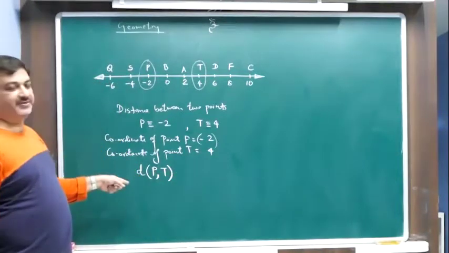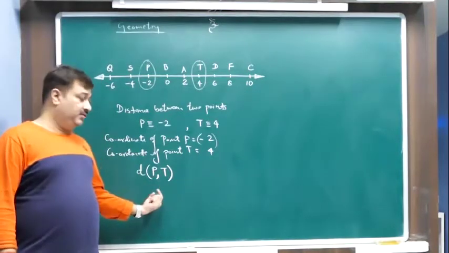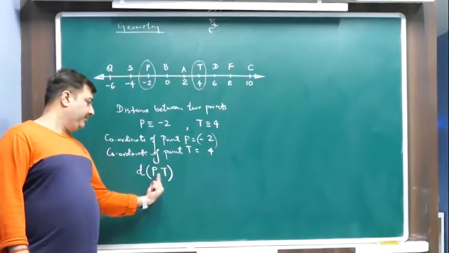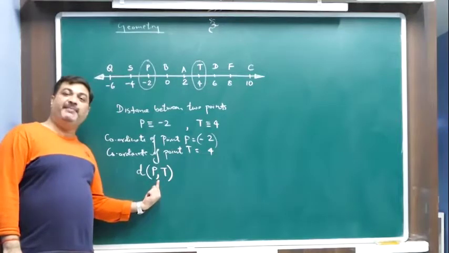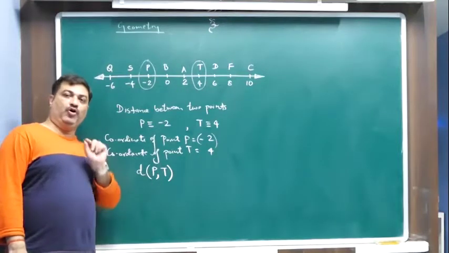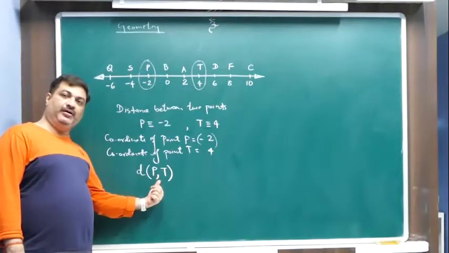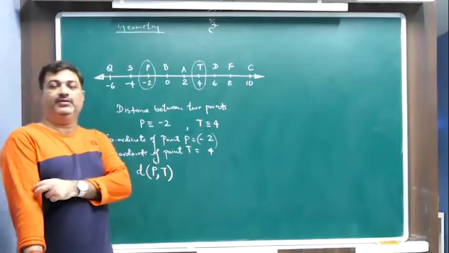This is how you represent distance between 2 points. So, how do I read this? Distance between point P and T. D stands for distance, comma represents between. The comma will represent the word between. Distance between point P and point T. Okay, that's how you read it.